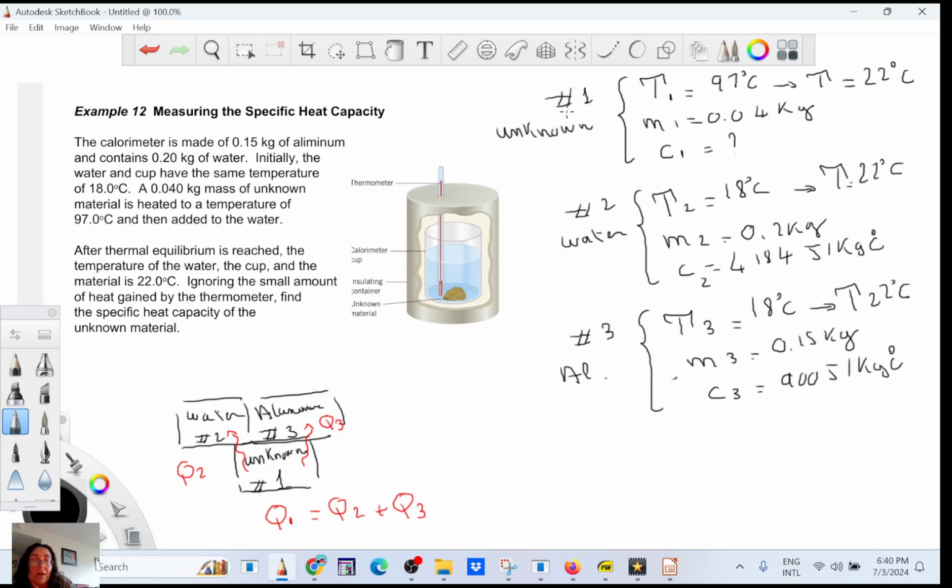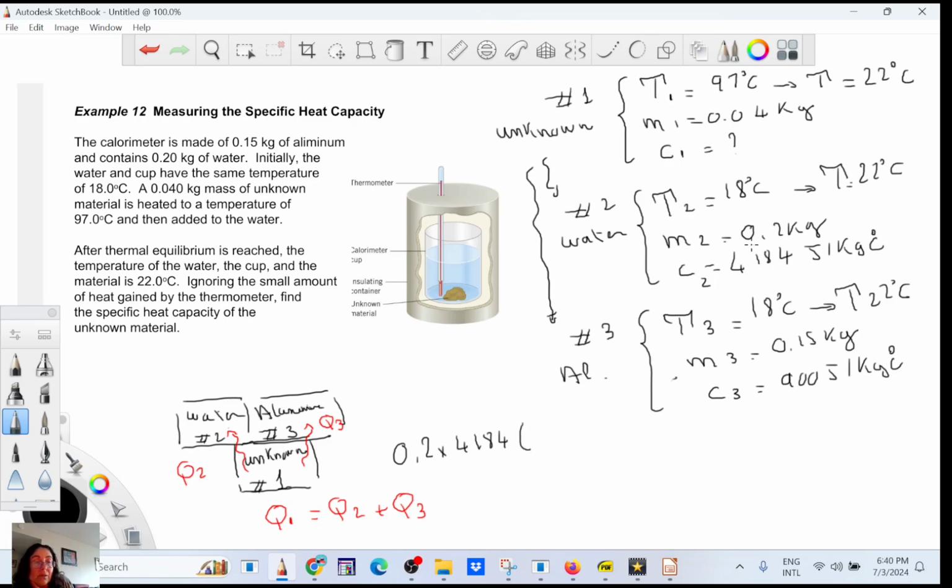Okay, so the energy lost by the unknown will be gained by the water and gained by the aluminium. So I'm going to use conservation of energy and I want to make sure that everything will be positive. So I'm going to start with water. So it's going to be 0.2 times 4184.